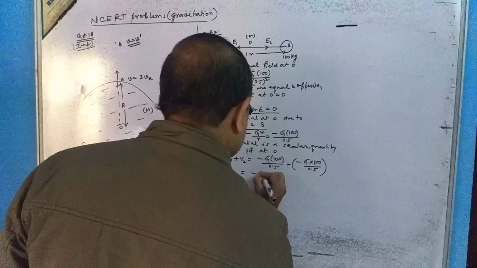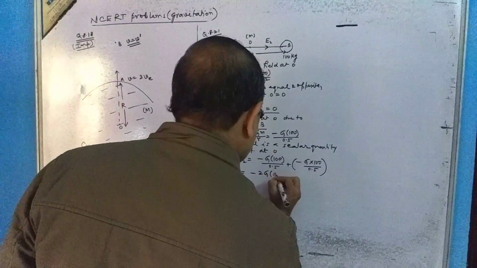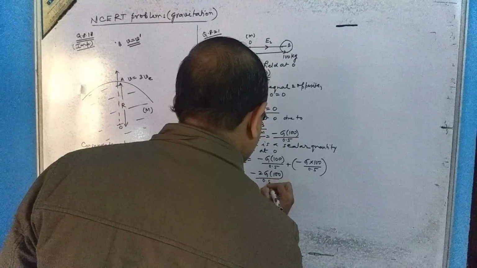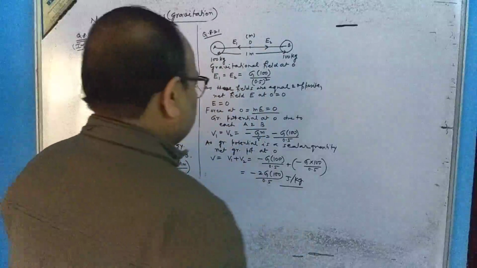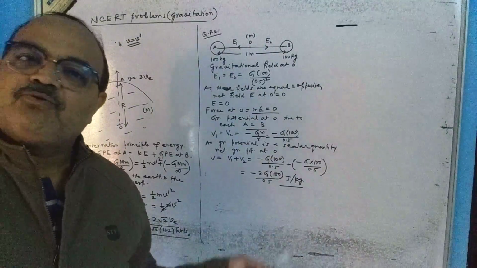That is equal to minus 2G into 100 by 0.5, that many joule per kg. You can find out the answer this way.